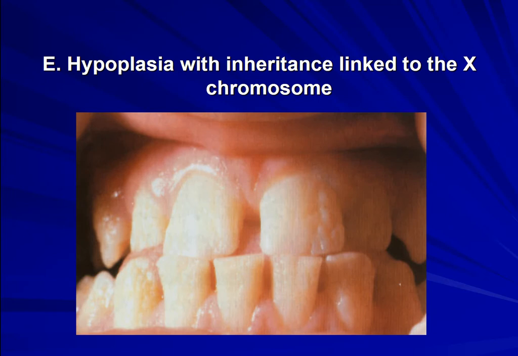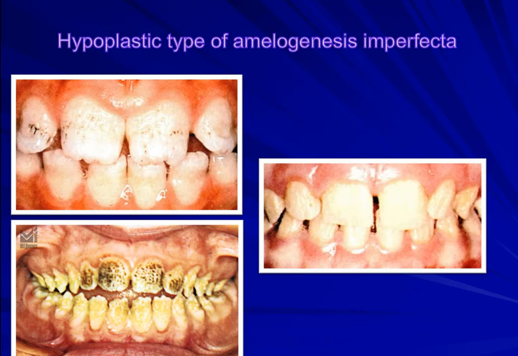This photo demonstrates hypoplasia with inheritance linked to the X chromosome. This photo demonstrates hypoplastic type of amelogenesis imperfecta.